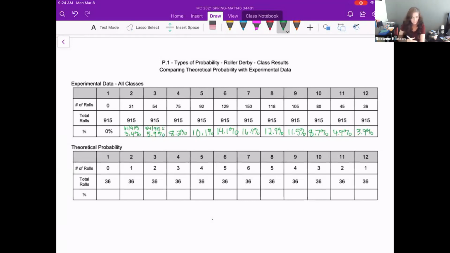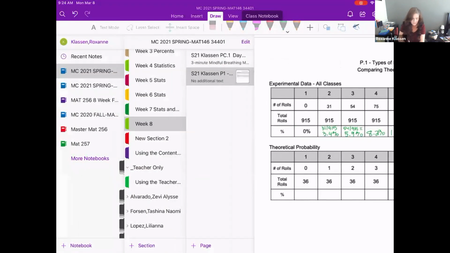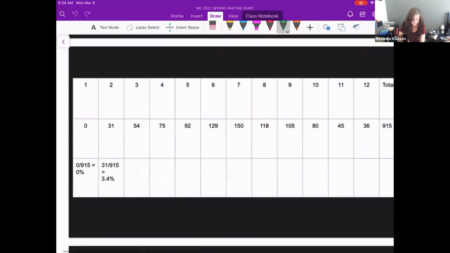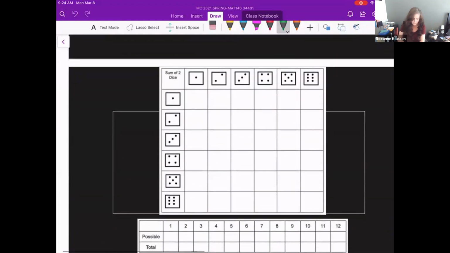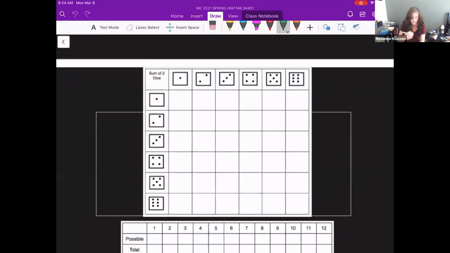Okay. Now on the numbers on the bottom, you might be wondering where those came from, for those theoretical probabilities. So I'm going to show you where these numbers came from. If you look at this document, do you agree, and I can put this in the chat for you as well, do you agree that these are the possible outcomes?